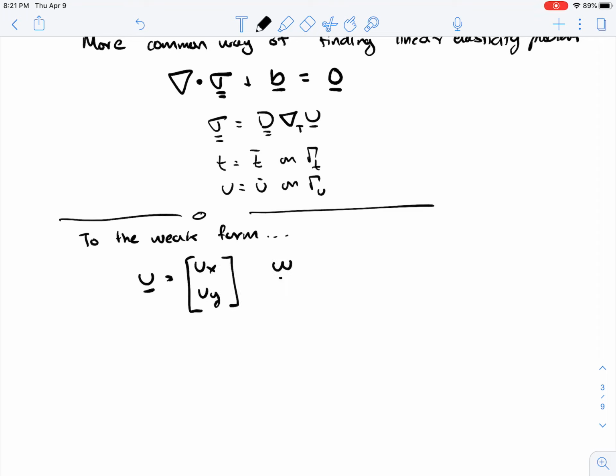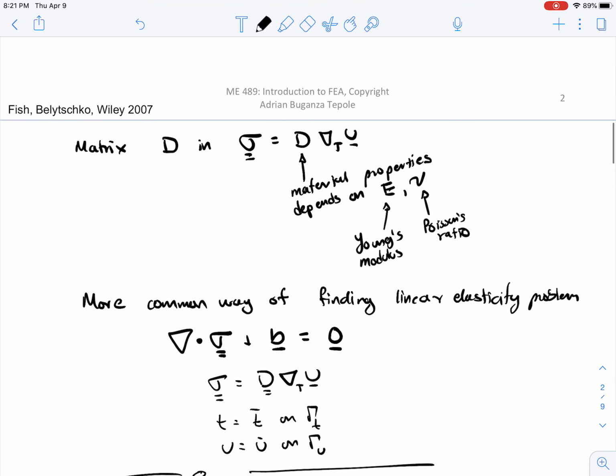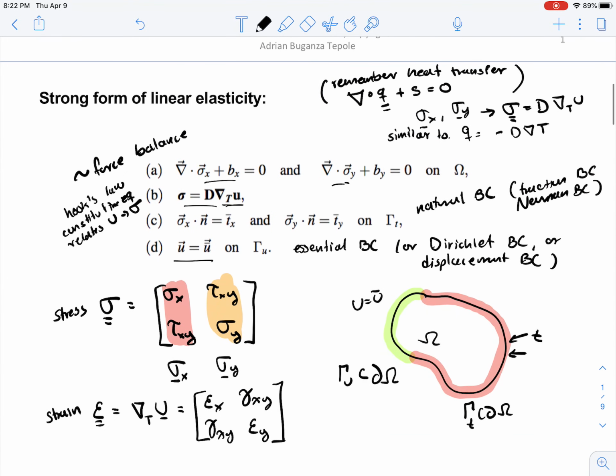And similarly, when you think about your weighting function, you should think of a vector of weighting functions with two components, wx and wy. So what you can think of doing is following the heat transfer problem, but independently for these two, and then combine those two into a single weak form.